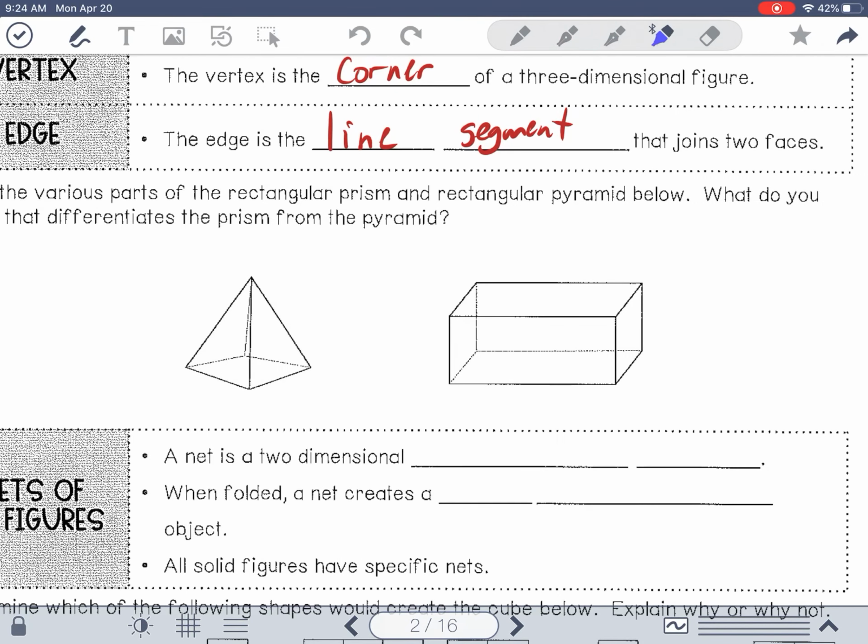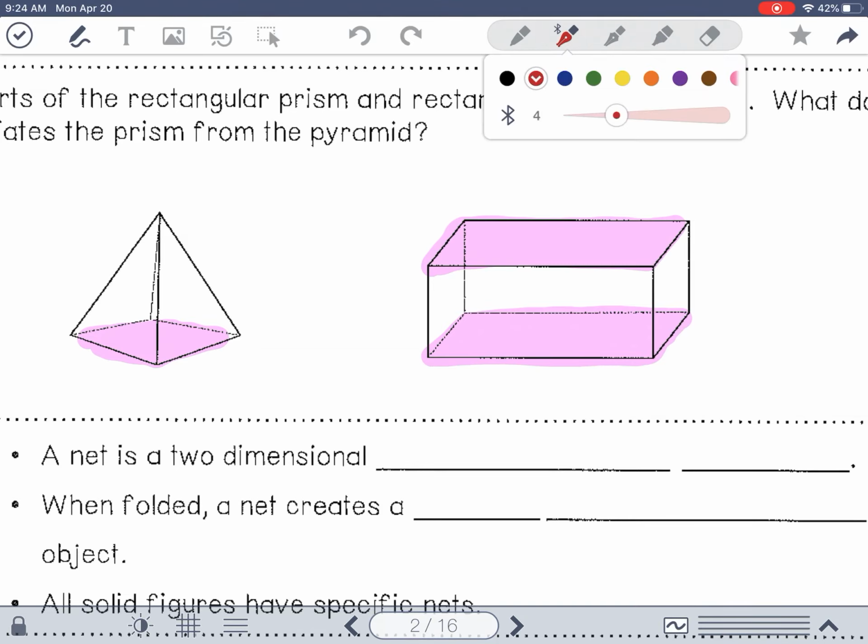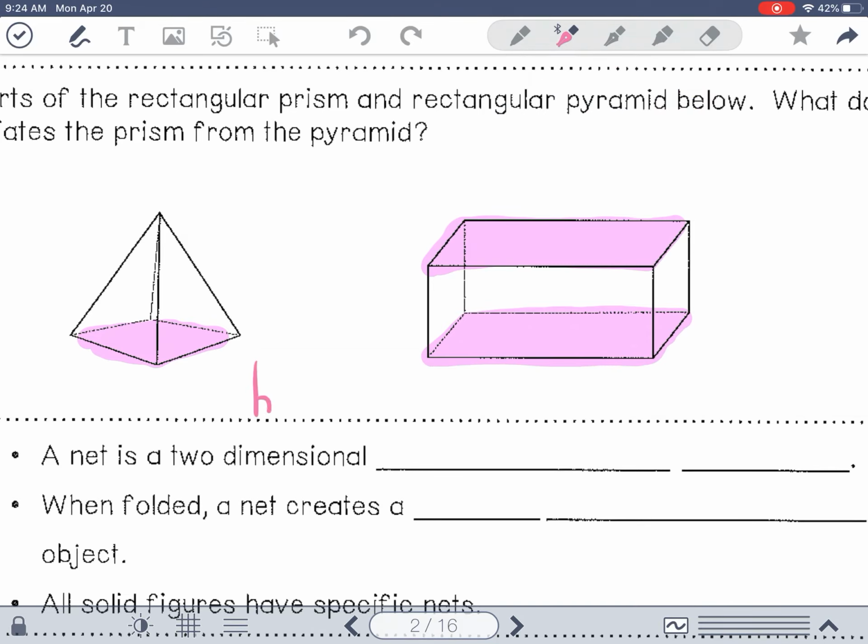For example, let's take a look at these figures. There's a base on the rectangular pyramid. There are two bases on a rectangular prism. So, the base.